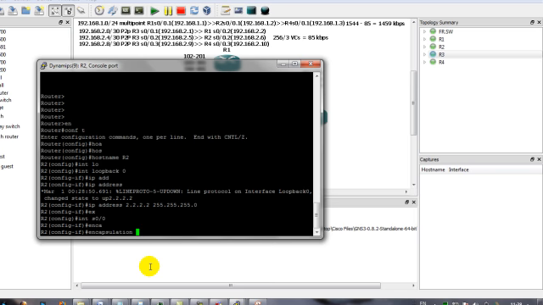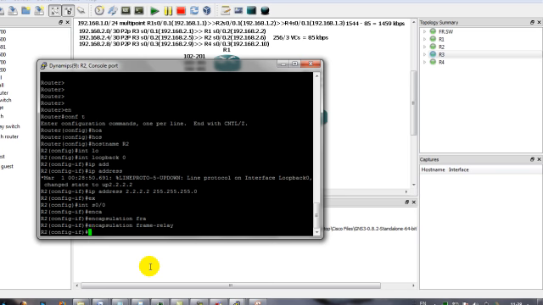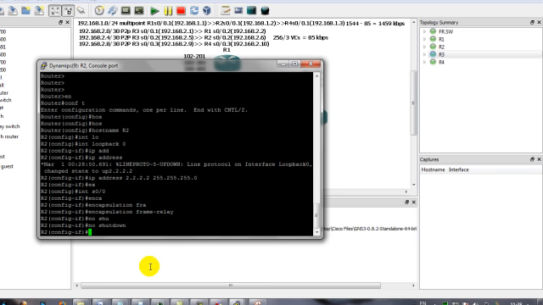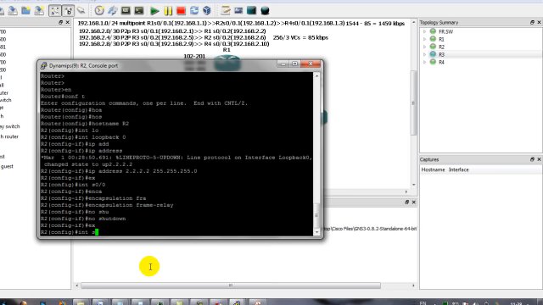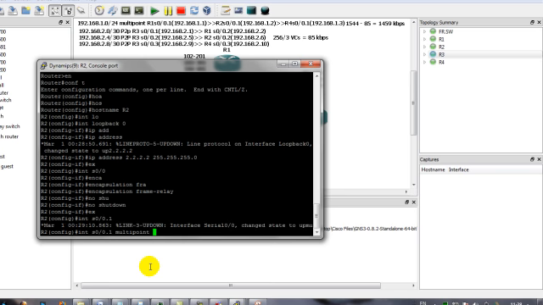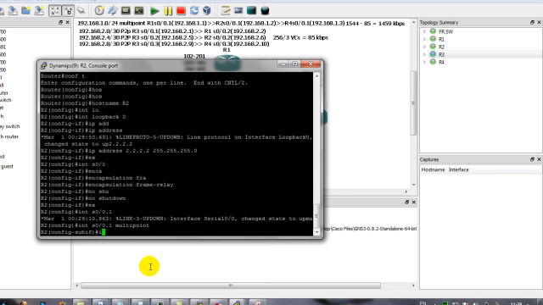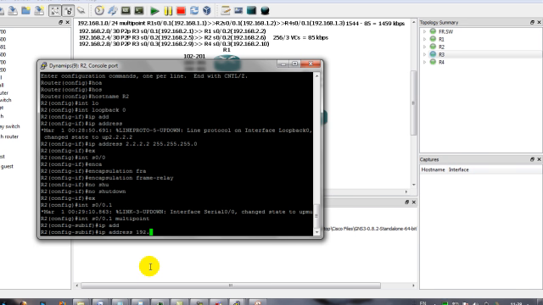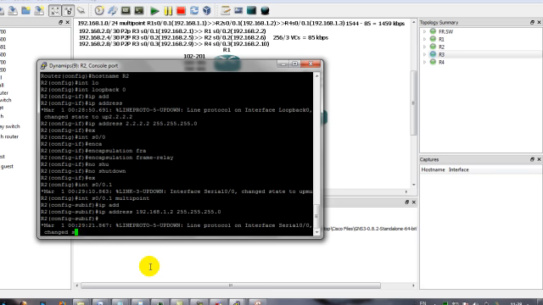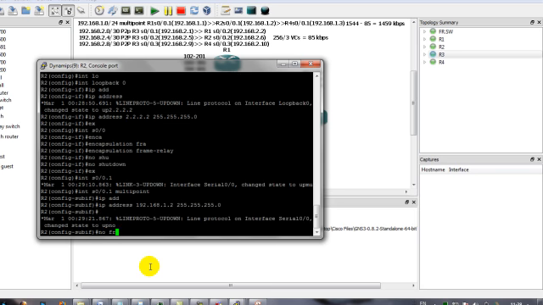I want to enable frame relay encapsulation with no shut. Now exit, interface serial 0/0.1 multipoint, with IP address 192.168.1.2 255.255.255.0. Now I want to disable frame relay inverse ARP.